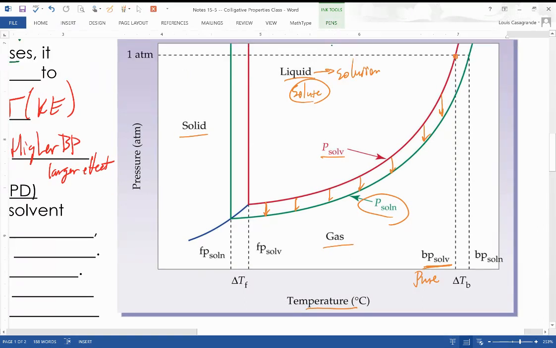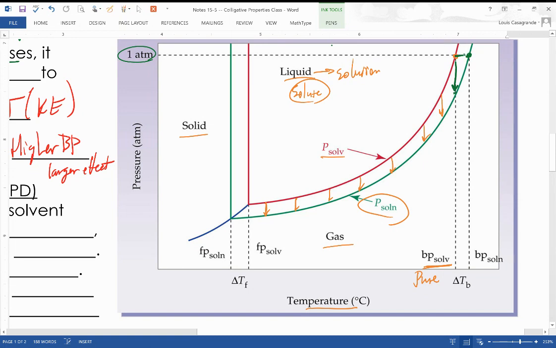So, as I get up towards the boiling point, notice that the vapor pressure at the original boiling point is now down. So this is no longer 1 atmosphere pressure. Here's our 1 atmosphere pressure line. So this is no longer the boiling point. Instead, we need to get to a point where the vapor pressure is equal to 1 atmosphere.